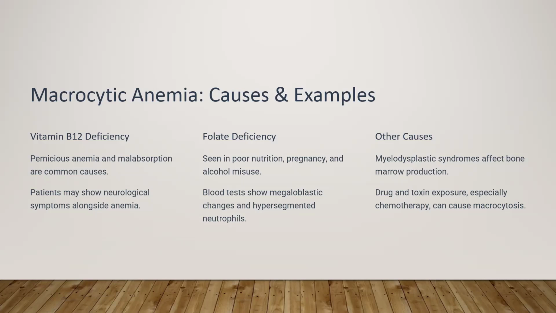So to repeat again, macrocytic anemia could be due to vitamin B12 deficiency, as a result of pernicious anemia or malabsorptions, or folate deficiency, which could be due to poor nutrition, pregnancy, and alcohol misuse. And other causes, such as myelodysplastic syndromes, affect bone marrow production, and drugs and toxins can also cause macrocytic anemia.